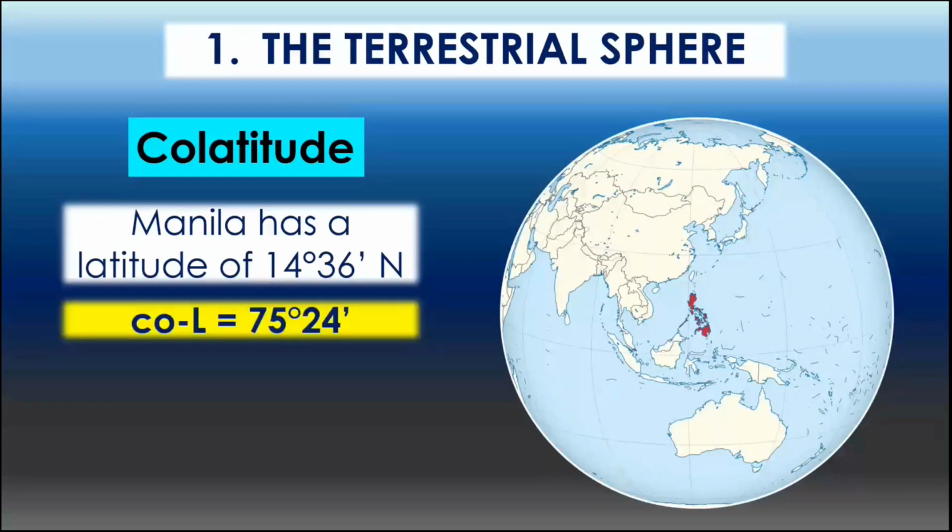Okay, so we have here an example. For example, we are asked what is the colatitude of Manila. What we need first is the latitude. What is the latitude of Manila? It is 14 degrees, 36 minutes north. Class, this is actually from our handout. If you're going to search for the coordinates of Manila, you can use Google Earth.